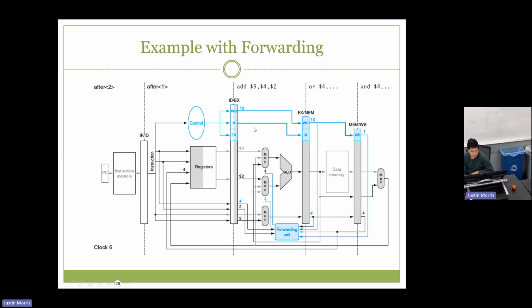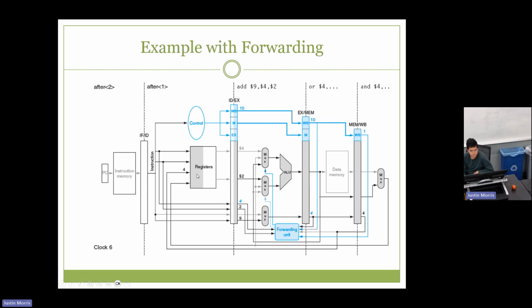All right, here's the last one. We have this add, and it's reading from 4 and 2 as well. But it only needs to forward 4 because it got 2 straight from the input of the register when it was decoding.